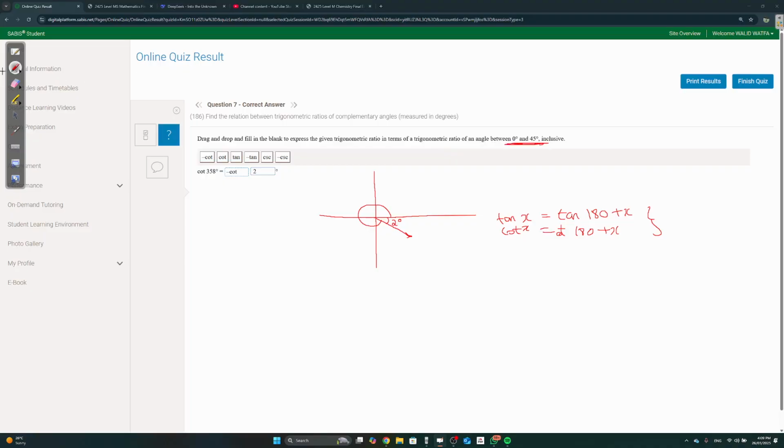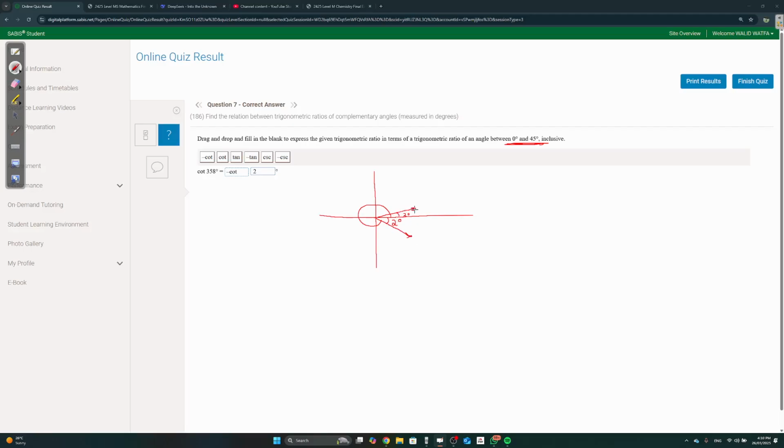So that means something up here, in this area. What will give me the same cotan? Obviously, it's gonna be an angle that looks like this. What measure will it have? Obviously, it will be 2 degrees. Why will it be 2 degrees? Think about it. This is here, 2 degrees.